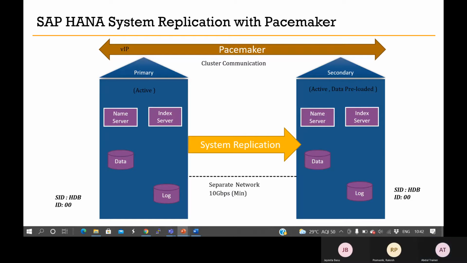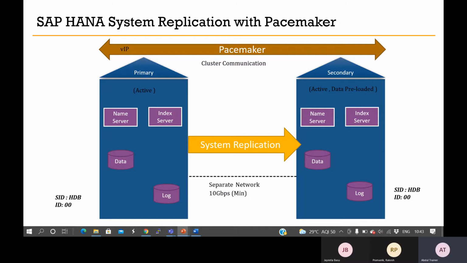If some issue happens at the primary and pacemaker notices that it is not getting a response from the primary, then pacemaker considers that the primary is not available. Then it immediately brings the secondary up as a primary, and the virtual IP will float to the secondary, the new primary.